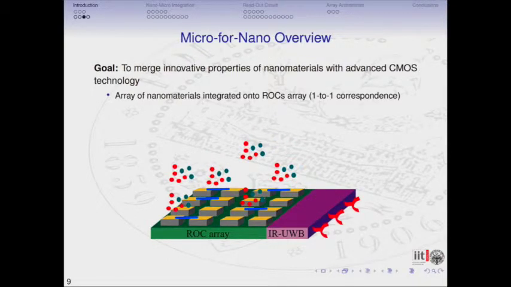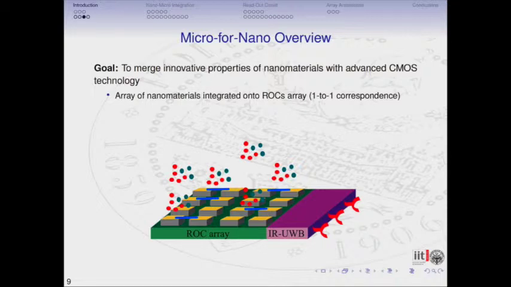In this presentation, I will show you the implementation of an array of readout circuits where the nanomaterials are integrated on the surface of the silicon chip.